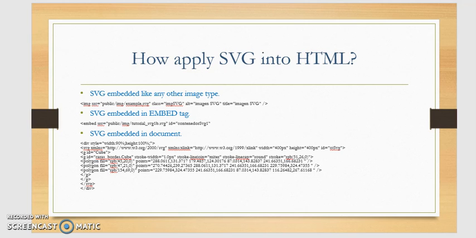Now, how do we use these types of images in HTML? Well, there are several ways to do it. SVG can be embedded like any other type of image into an image tag inside a web page.